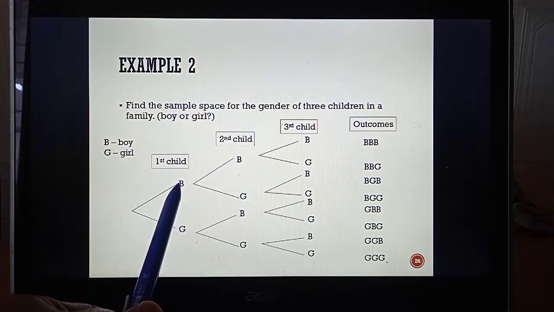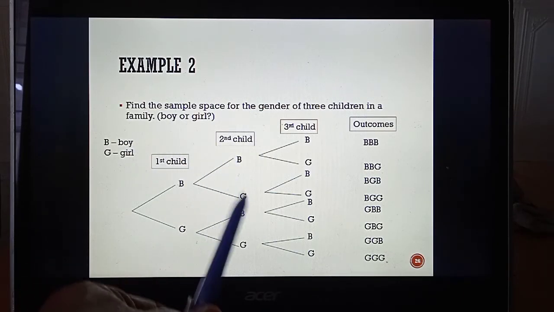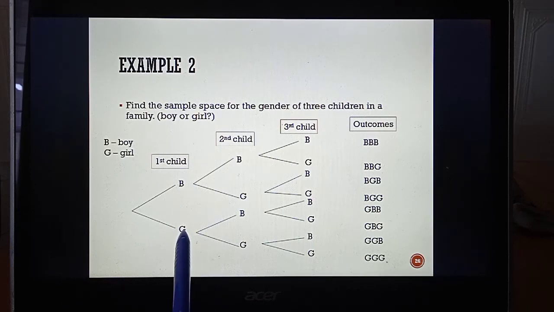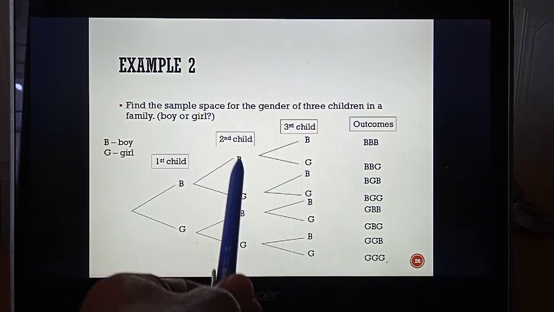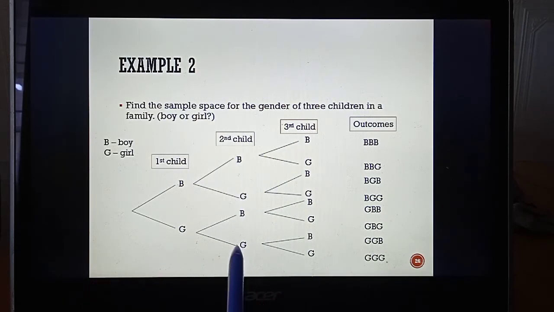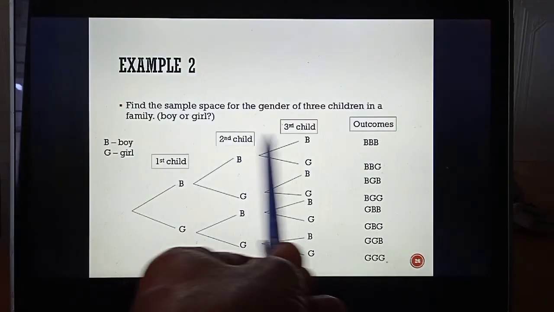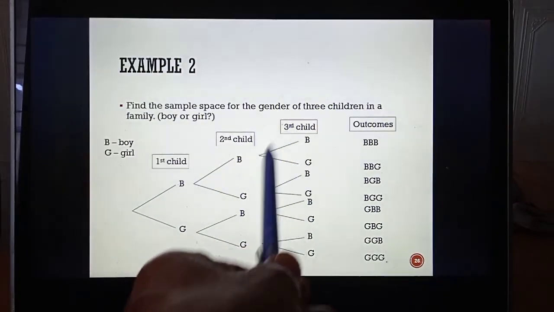For first child boy, second also could be boy or girl. If the first child girl, second also could be boy or girl. So for the third child also the same possibilities for every possible outcome of the second child. So always akan ada 2 cabang macam ni.